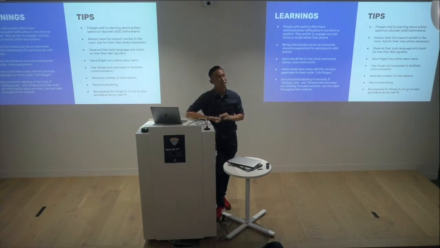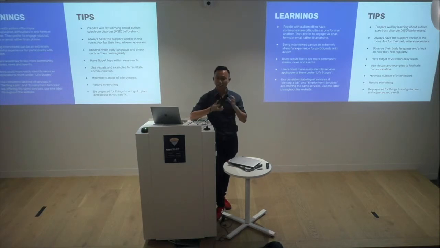Some tips, again: prepare well by understanding ASD. What are the behavioral traits you have to be aware of? Always have the support worker in the room. Again, this is just like the case manager. Having someone there that they know, a safety net, is so much better when we conduct any interviews, workshops or testing. Be very aware of their body language and check on how they feel regularly.